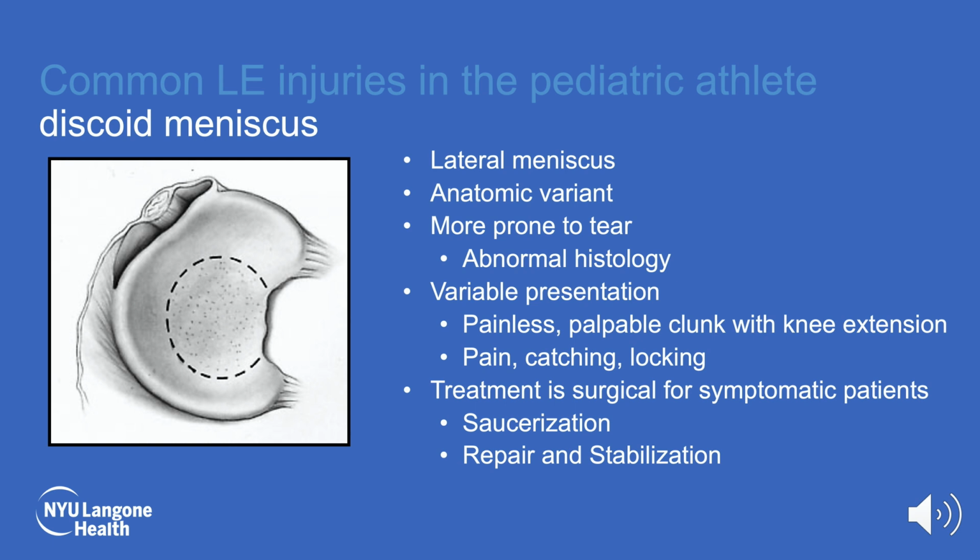But so its macromorphology is abnormal, but also its micromorphology is abnormal. It's not put together correctly, and so it doesn't withstand the hoop stresses the way it's supposed to. And lastly, the typical peripheral attachments may be missing, and so it's an abnormal shape. It's more prone to tearing, and then it's more prone to being unstable. And those are the three things that you want to address at the time of surgery.